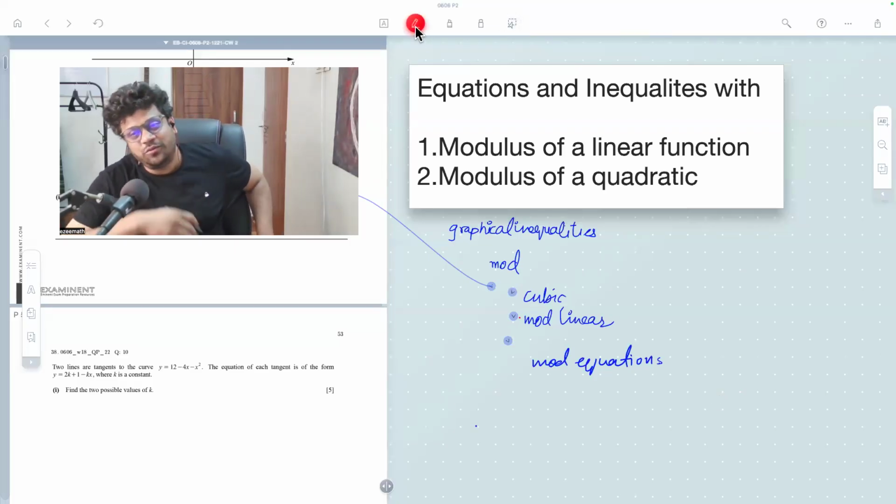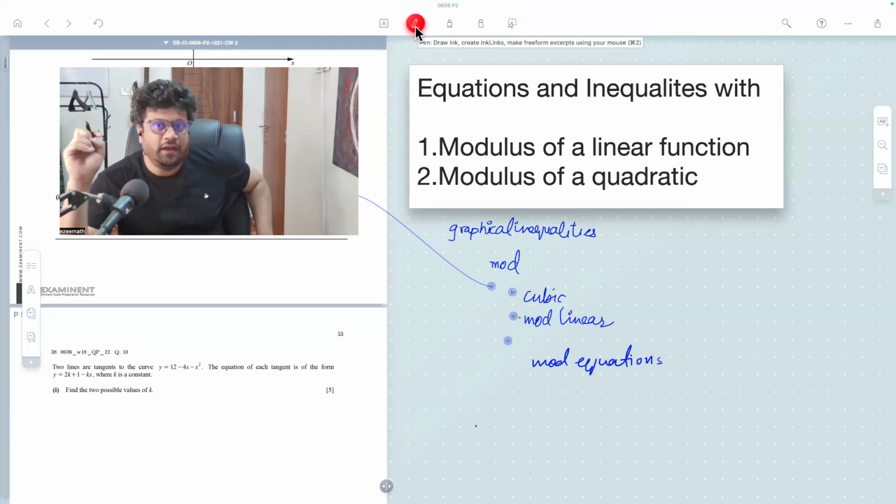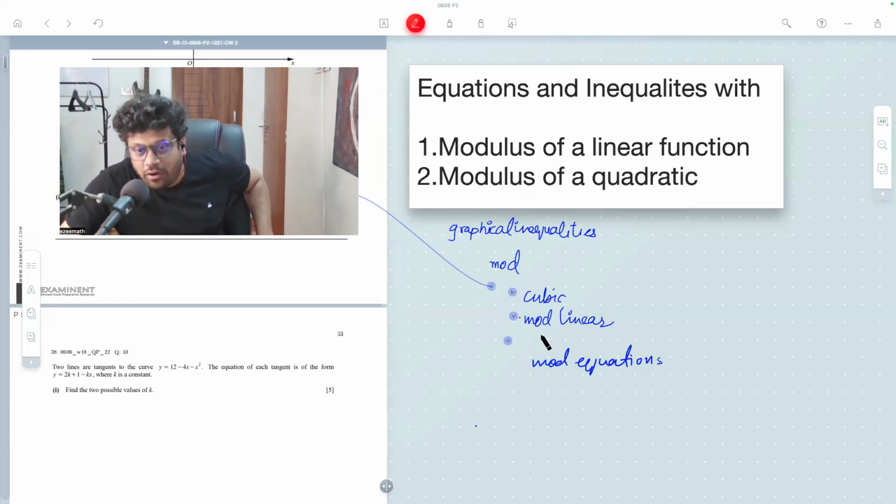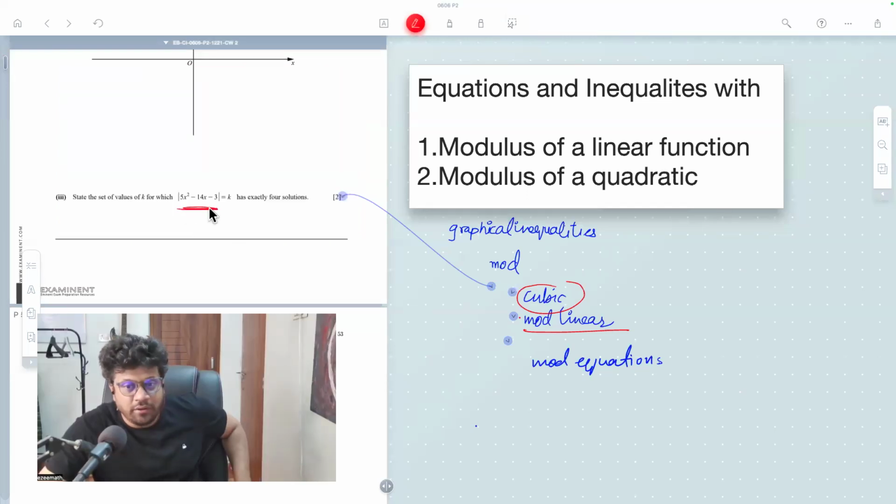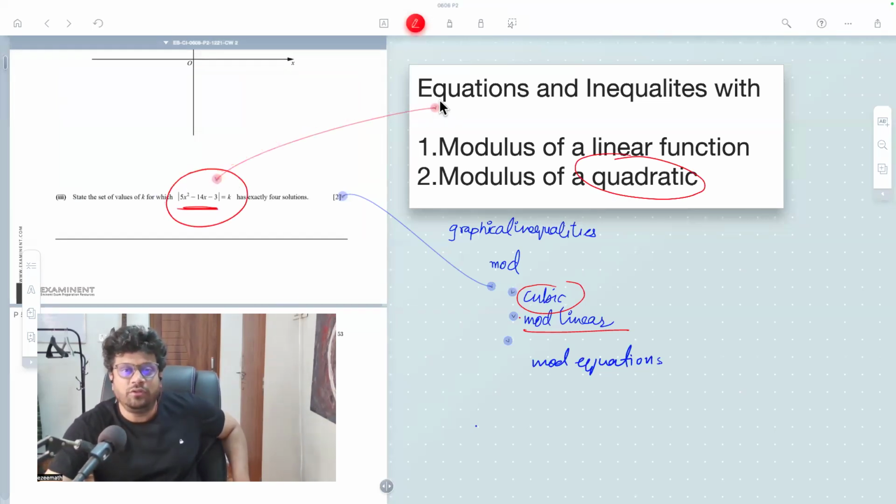Okay, so those were a few inequalities which involved modulus function and also in general inequalities without any mod in there. We saw a mod linear kind. We also saw a cubic kind. Now we're going to look at a mod with a quadratic in there, and it's an equation, not an inequality.